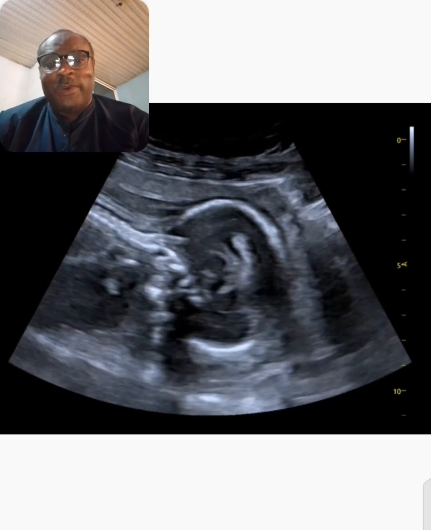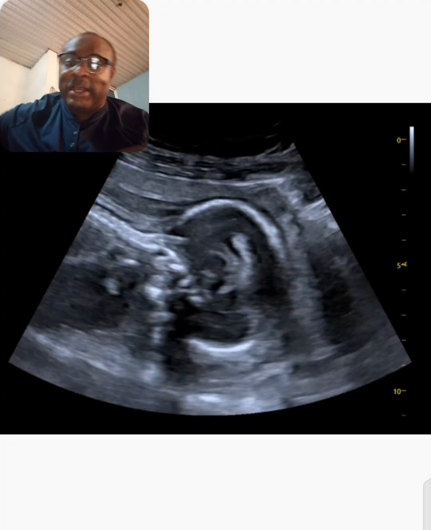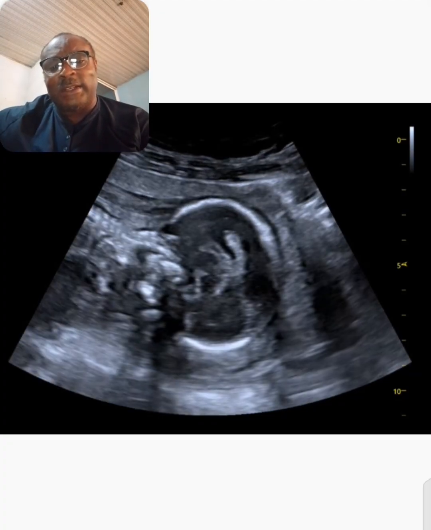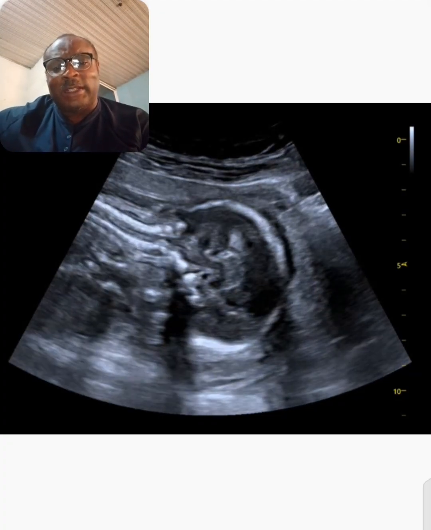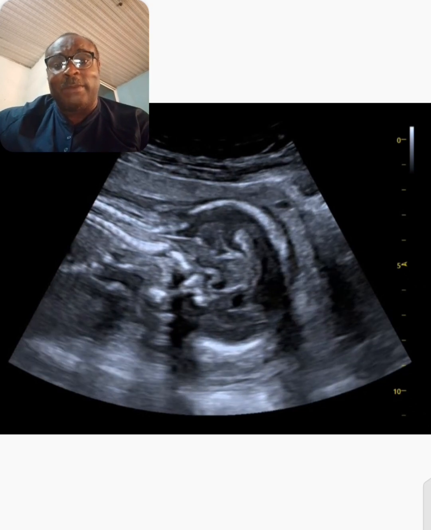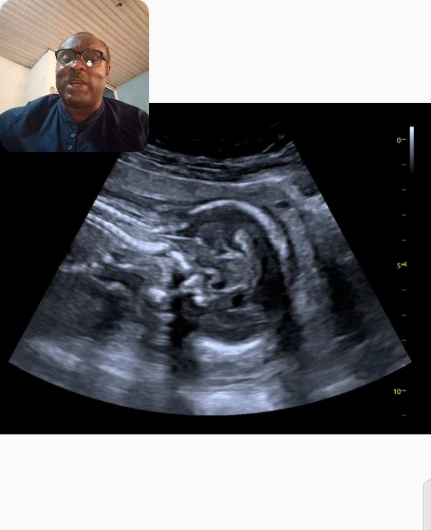Now we move on in the examination of the fetal head to look at the sagittal view. The sagittal evaluation sometimes can be challenging, but it also enables you to look at the pons, the midbrain, and the medulla. The sagittal view of the fetal cerebellum is also seen, and then you evaluate the corpus callosum.